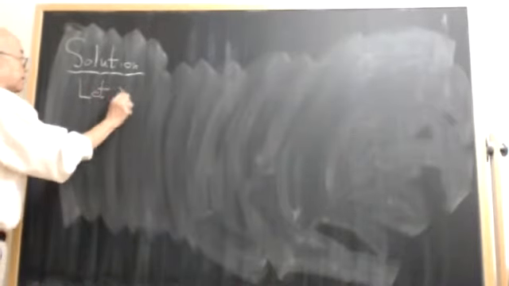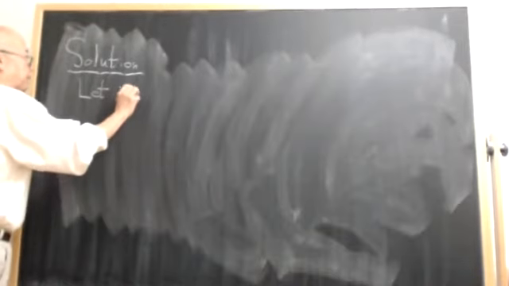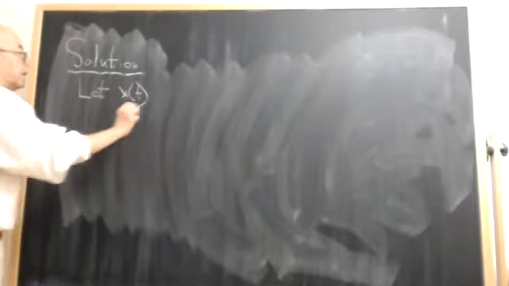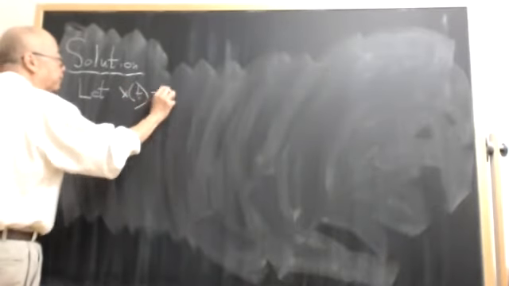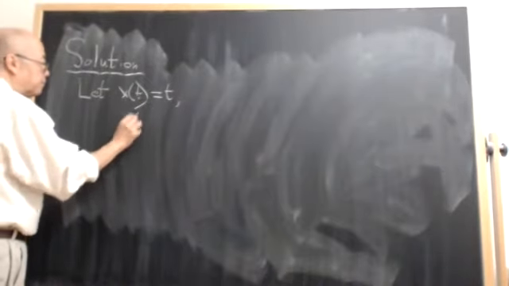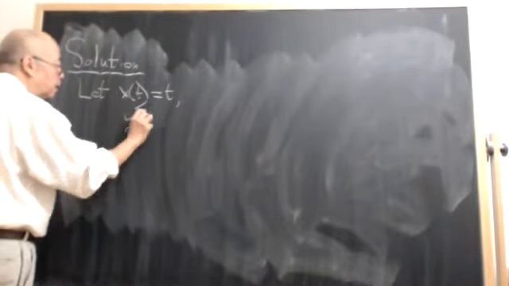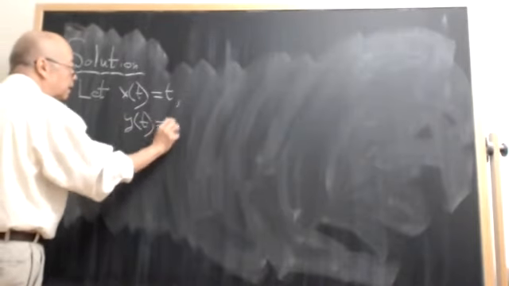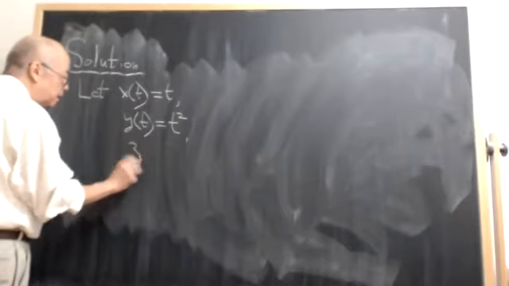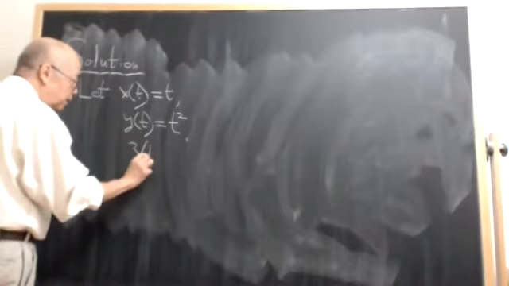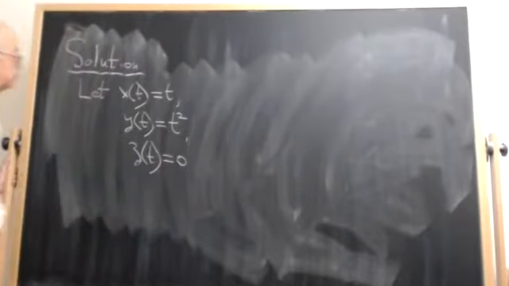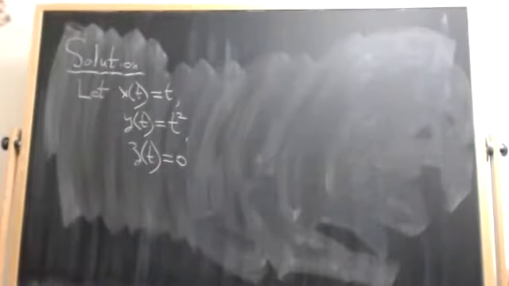Let's denote the first component by x of t. That's equal to t. y of t is t squared. z of t is equal to 0. Okay?